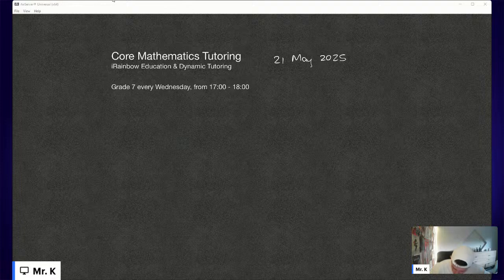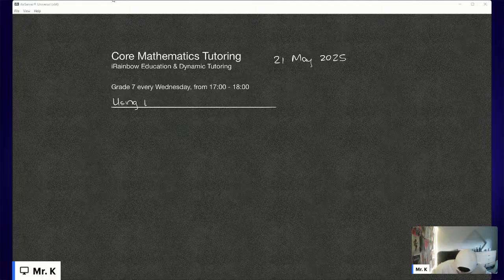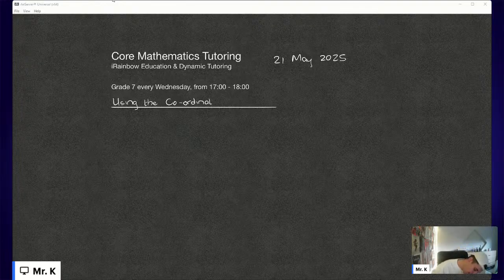Our heading for today is going to be using the coordinate plane. For those of you that were here last week, you might also remember that the coordinate plane has got a different name.